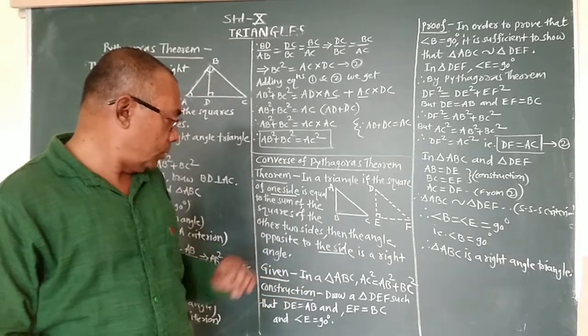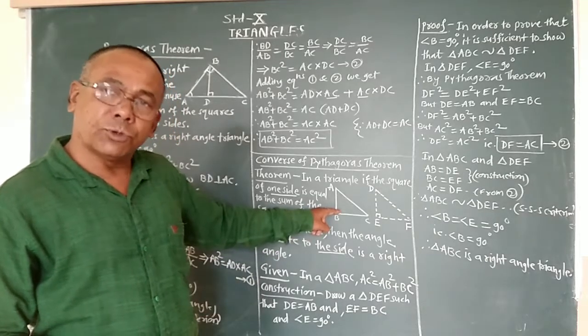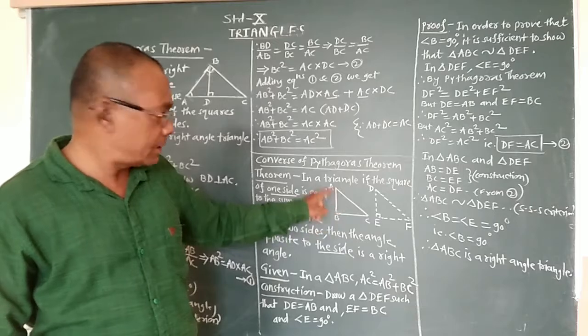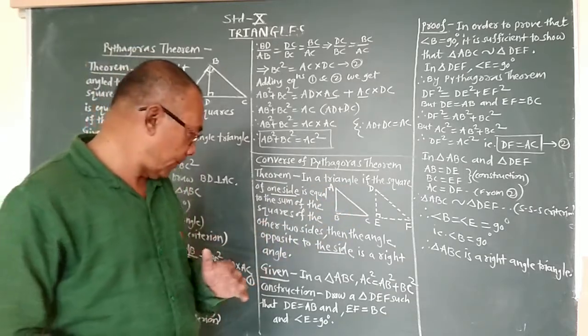Now to prove: angle B is equal to 90 degrees, or triangle ABC is a right angle triangle. So this is our proof.